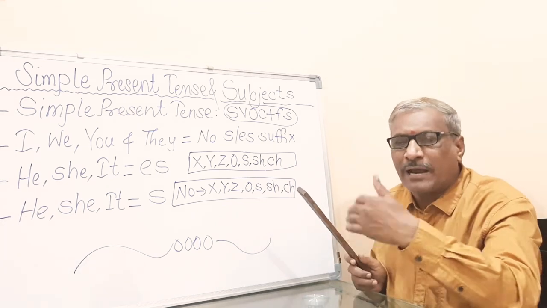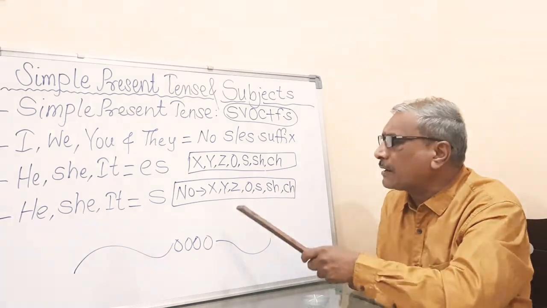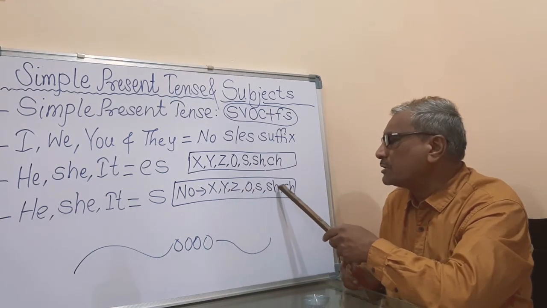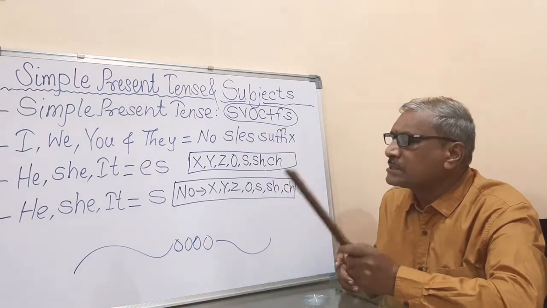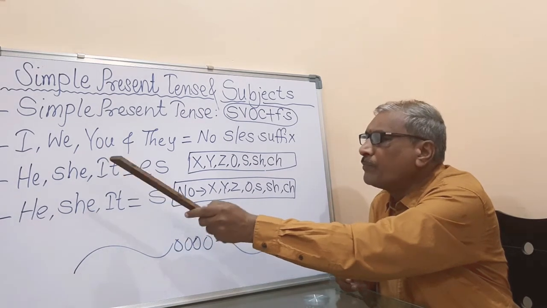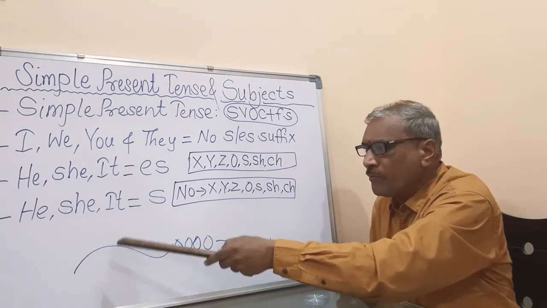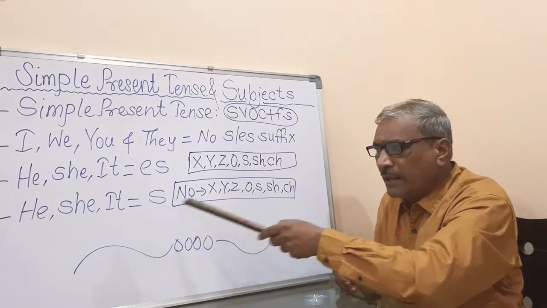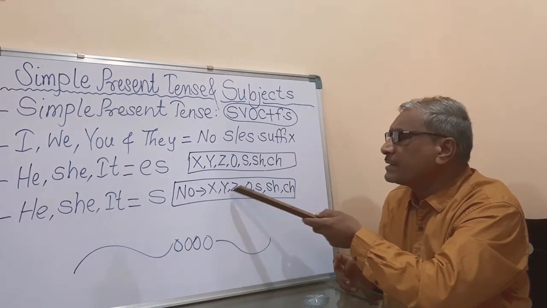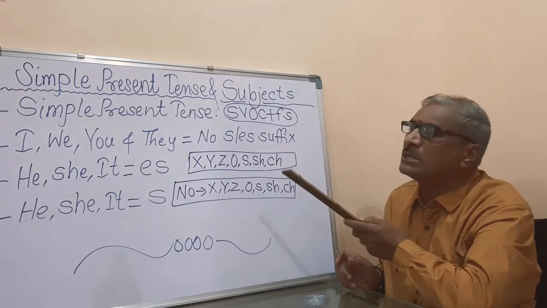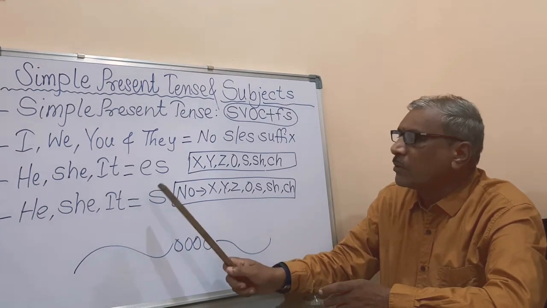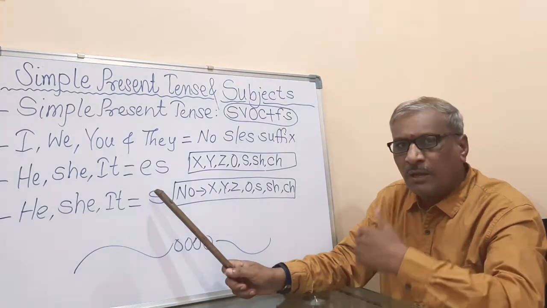So R is there at the end of the main verb. That R is not among X, Y, Z, O, S, SH and CH. That's why the sentence is like this: he enters into the home, she enters into the home, it enters into the home. Like this we can say, because there are no X, Y, Z, O, S, SH and CH at the end of the verb, and that's why we use only the S suffix with the main verb.